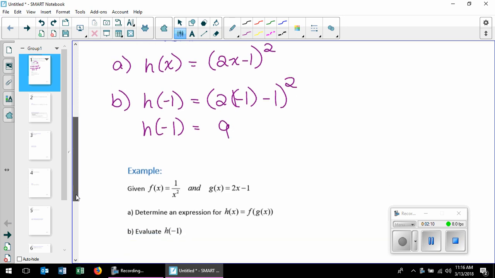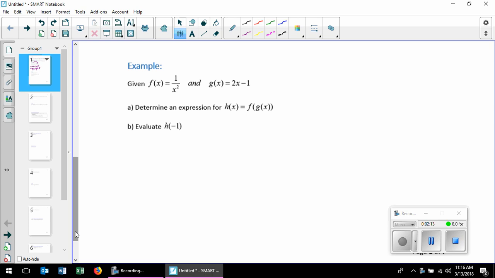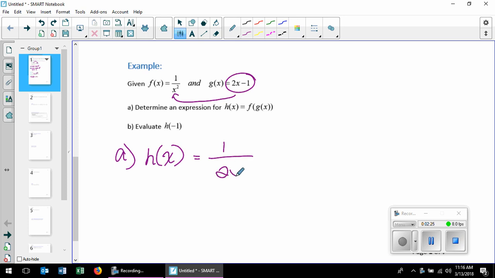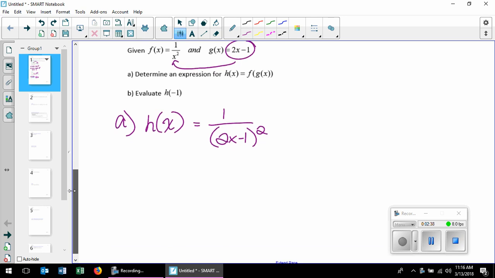So another one, just again from grade 12, h of x is f of g of x. So this is going to go in where you see x. So now for h of x, it's going to be 1 over 2x minus 1 squared. You guys can do this in your sleep, right? And then if I were to evaluate this expression at -1, super easy, because we already did this.